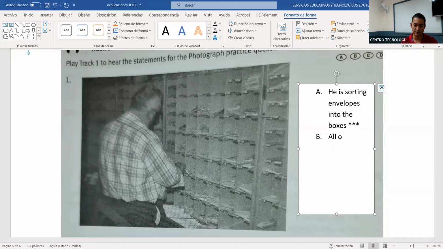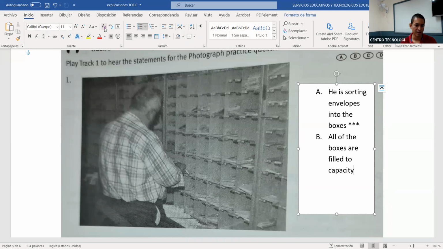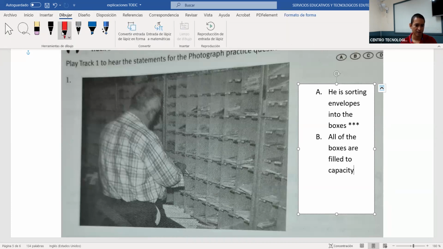Okay, all of the boxes are full to capacity, are filled to capacity. Okay, you look at the picture. You have the boxes. So probably he works at the mail, right?